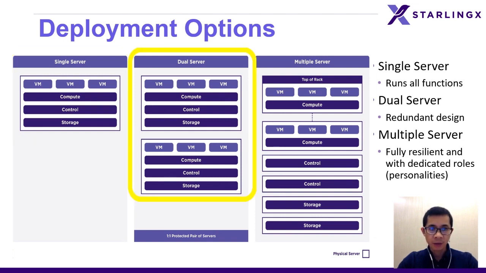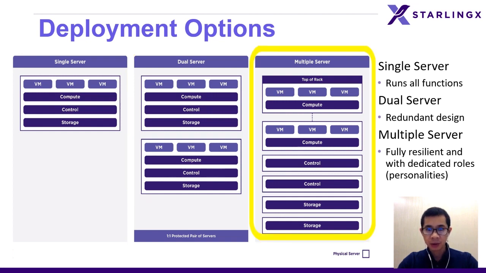The second way of deployment is called Duplex AIO on 2 servers. With the active-standby redundant design, we gain the merits of high availability, while the actual computing capacity is still very limited because there are only 2 servers, and on each server, all 3 roles are up and running. The last one is a standard solution. Multiple servers are placed and each plays a dedicated role: control, storage, or compute worker.